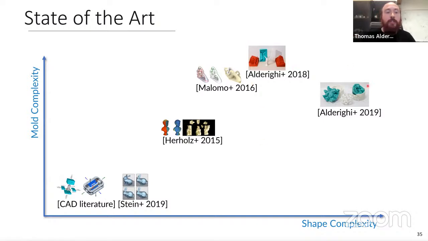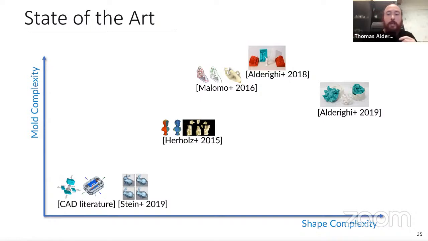Here in the top right corner, you see methods for the automatic generation of flexible molds, while in the bottom left corner, you see methods that address the automatic design or supervised design of two-piece rigid molds that are very efficient to use and also to fabricate.